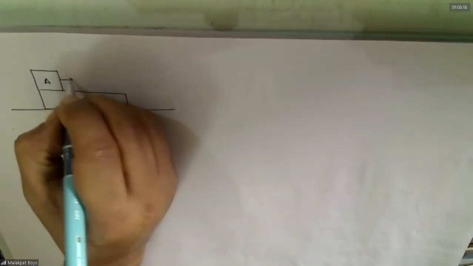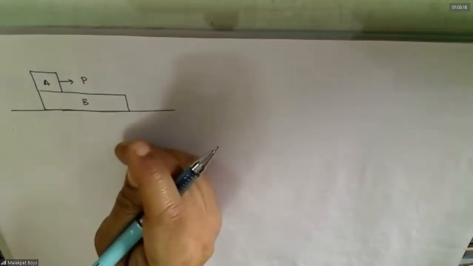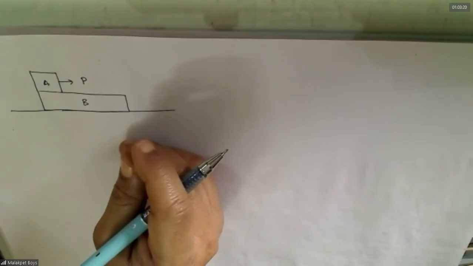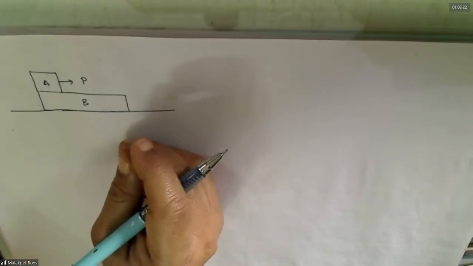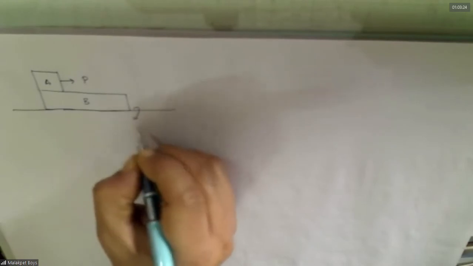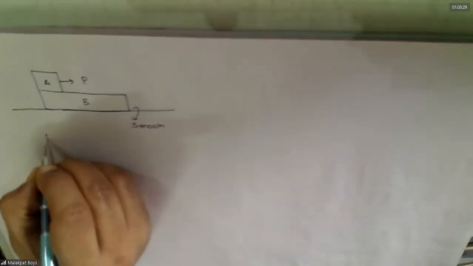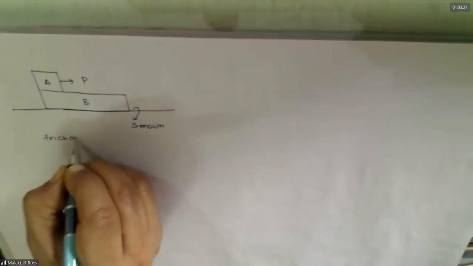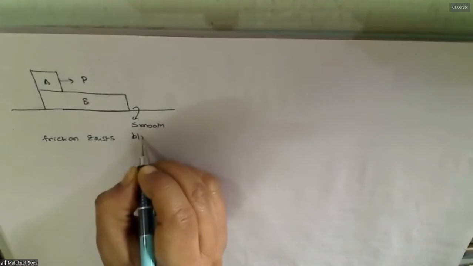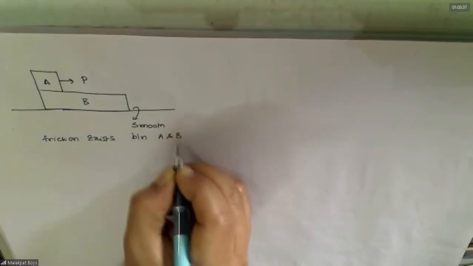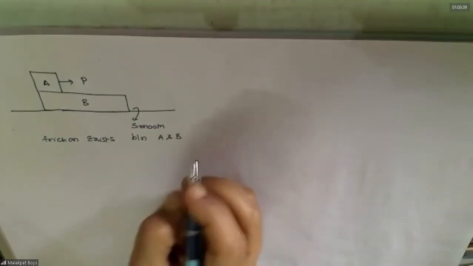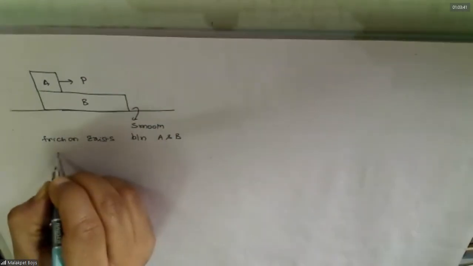There's a force P. The ground is smooth. So here friction exists between A and B. Now this varies with time.